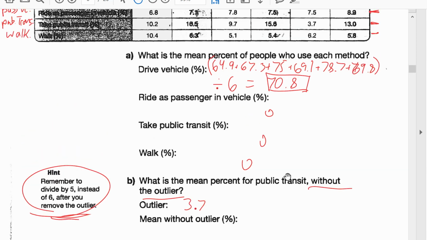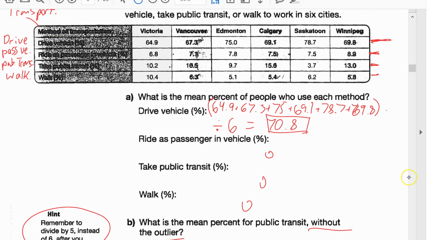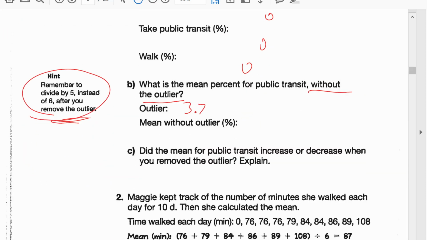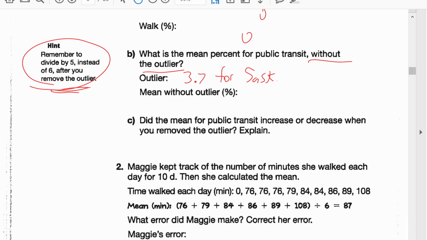And we can just take a look. Saskatoon, this would be the outlier. Mean without the outlier?